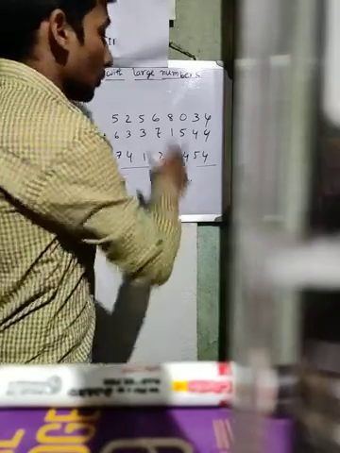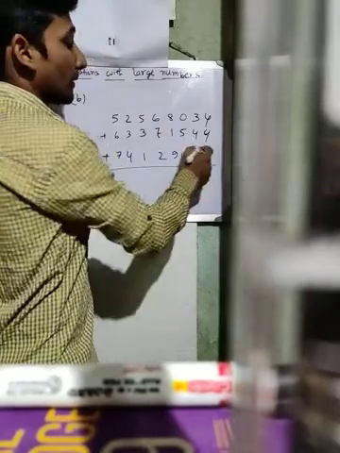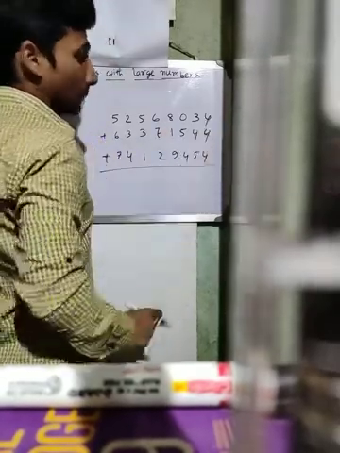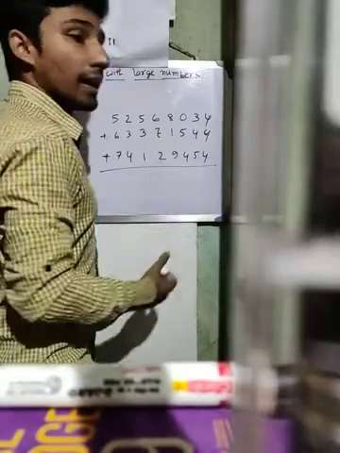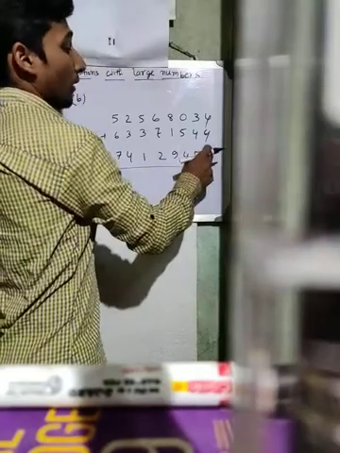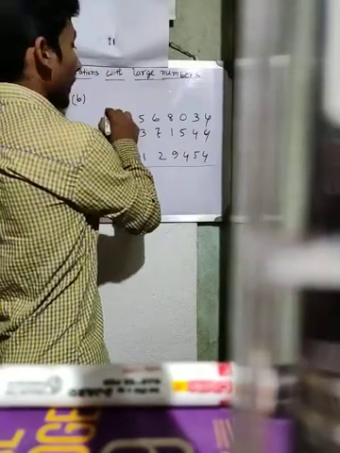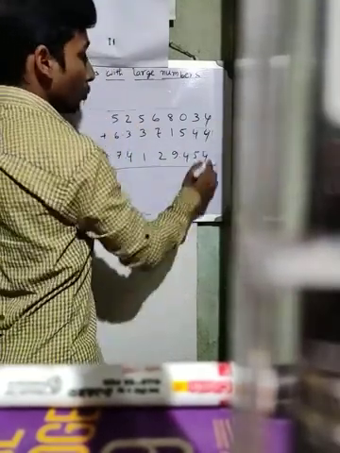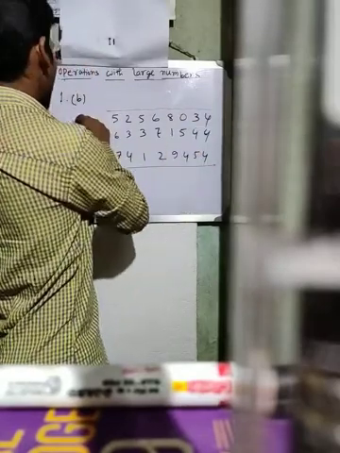If we add these numbers, what will we get? 4 plus 4 plus 4. We have to start the addition from the ones place, that is from right to left. 4 plus 4 plus 4 is 12.